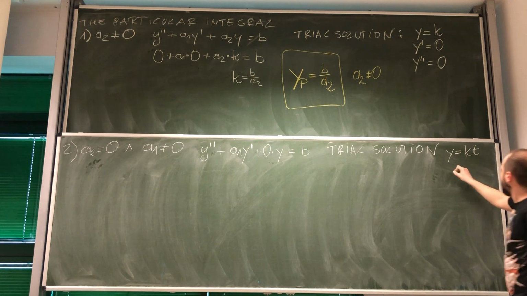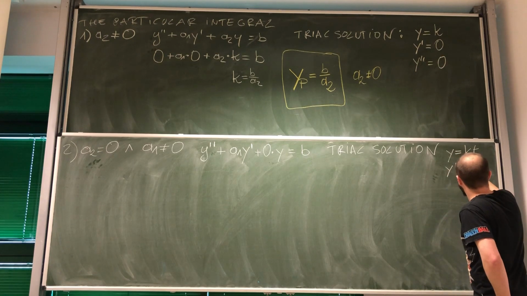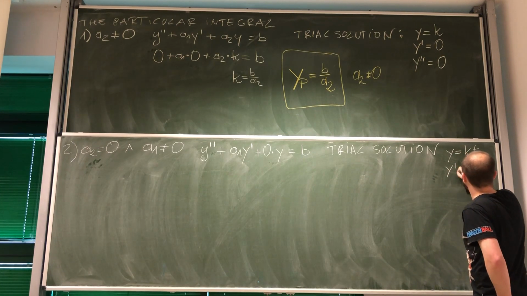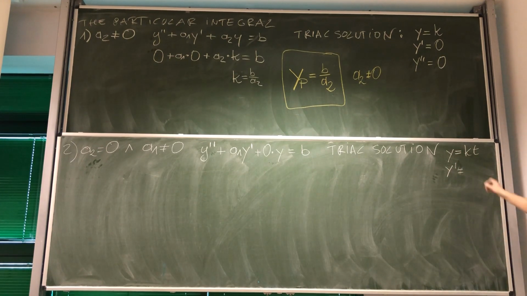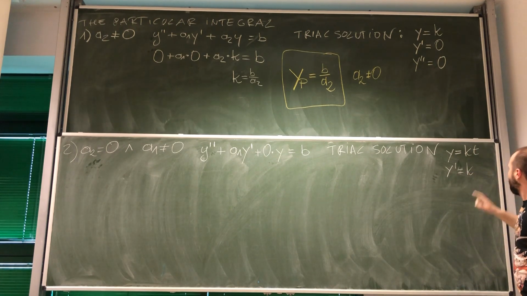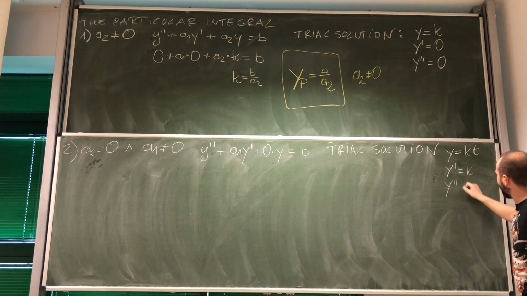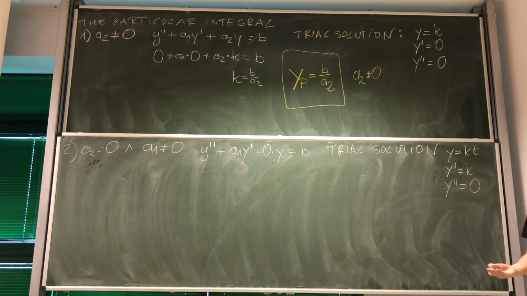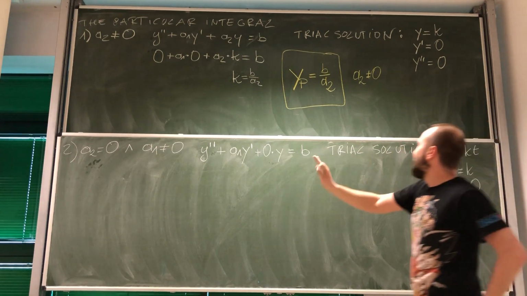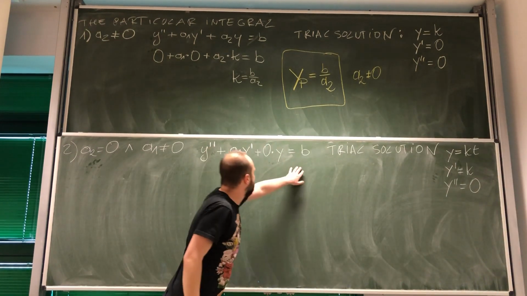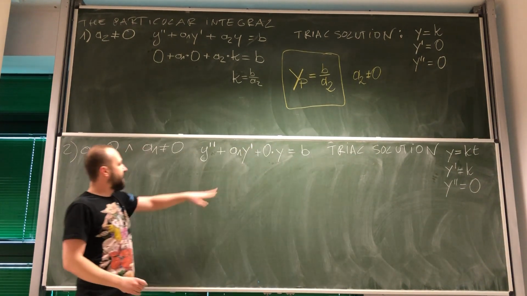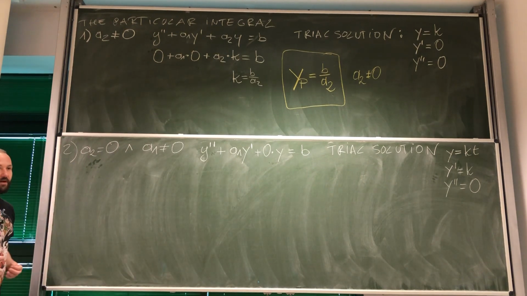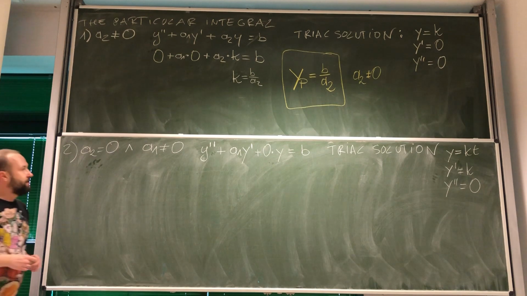Okay, but then we know that y prime, the first derivative with respect to time, will give us just k, and the second derivative will give us 0, right? No surprises over here. So let's now substitute our results into what we've obtained over here.